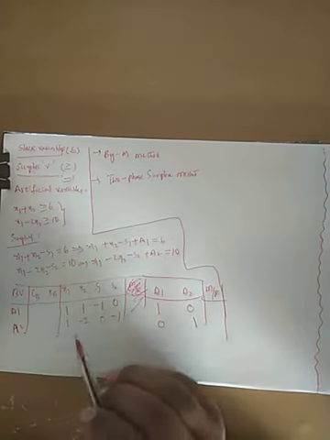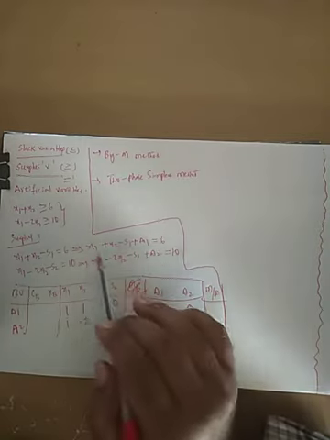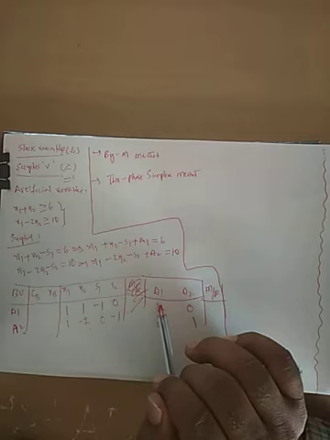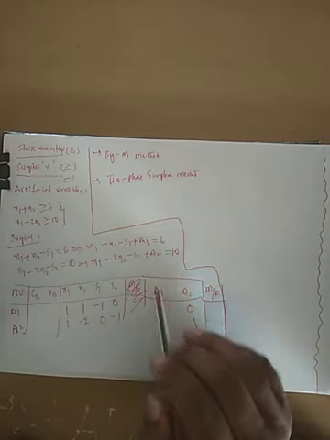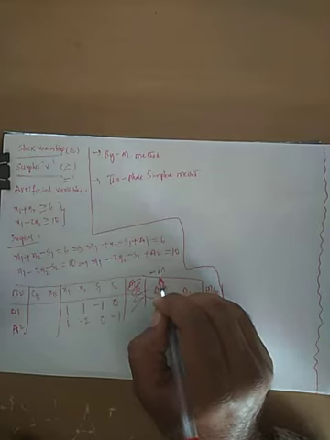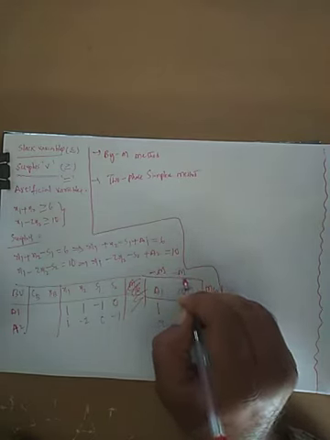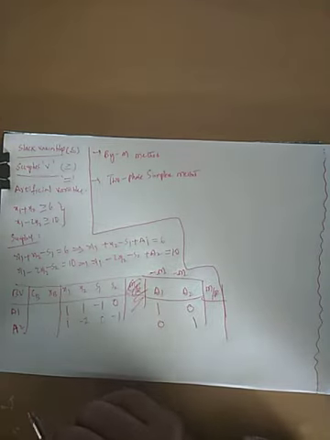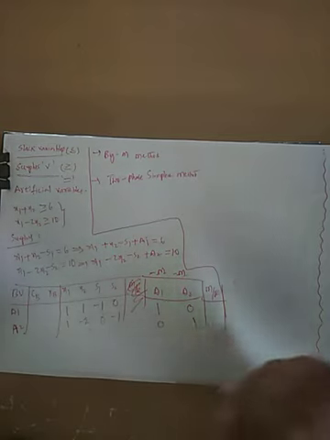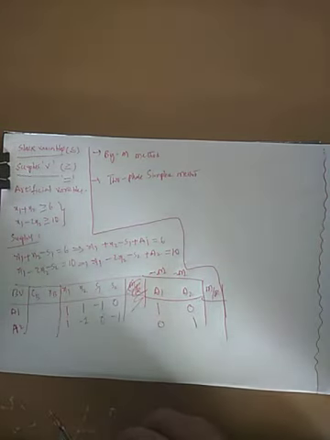Okay, what do you mean by big M method? Whenever artificial variables are there in the constraints, for the artificial variables we assume the cost as a big negative money, denoted by minus M. A big negative money, minus M, as cost values, and we solve the problem as it is. You call that the big M method.